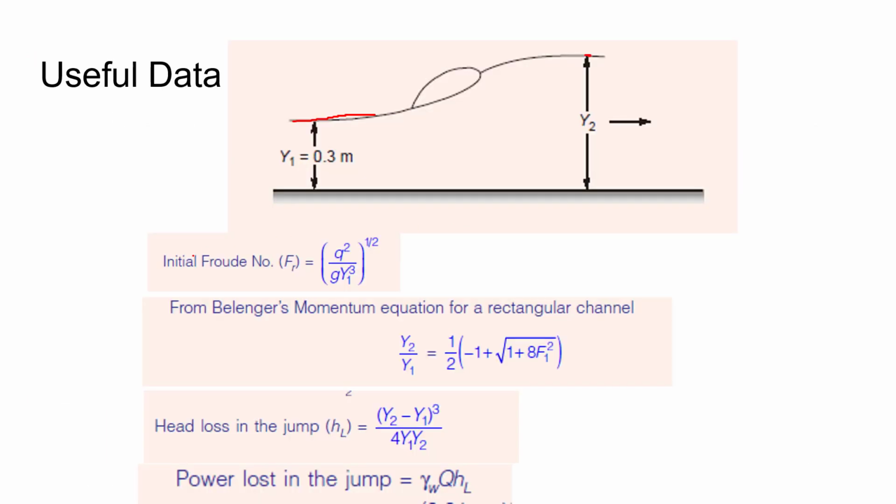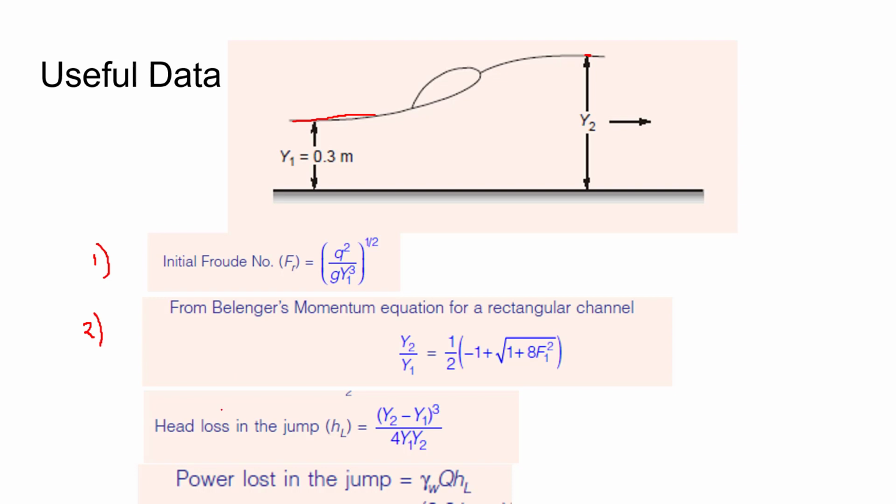So there are some formulas which are required in order to solve this question. The first formula is the Froude number formula. The second formula is taken from a derivation, that is Belanger's momentum equation for a rectangular channel.